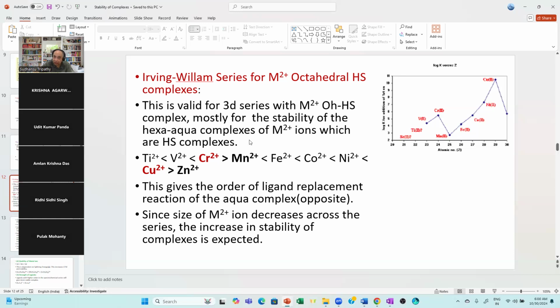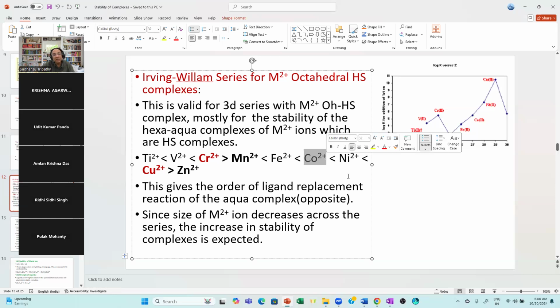Hexa aqua complexes are high spin, because with +2 charge, including cobalt 2 plus, it is a weak field metal ion, and aqua is an intermediate field ligand. So all of them will give high spin complexes. t2g and eg will be singly occupied first, then pairing will start from t2g.